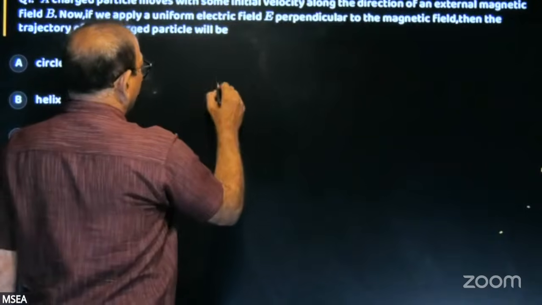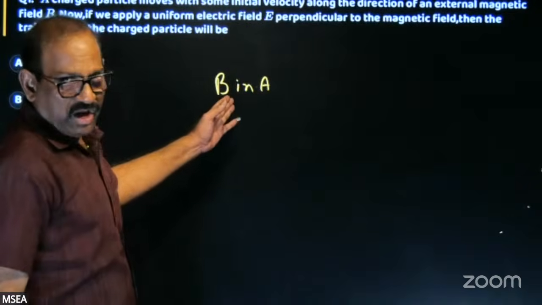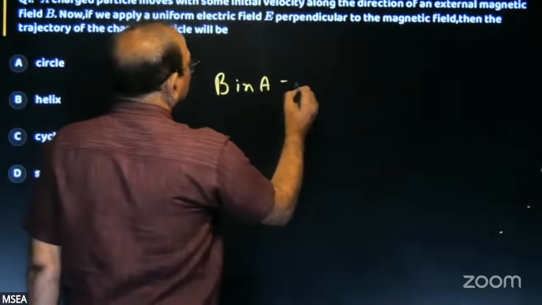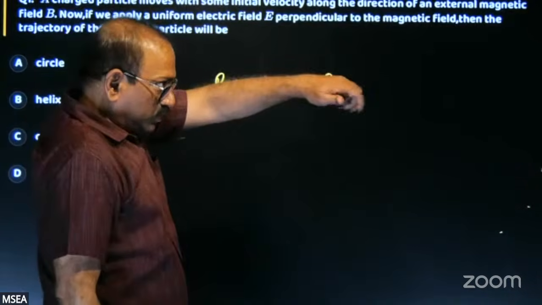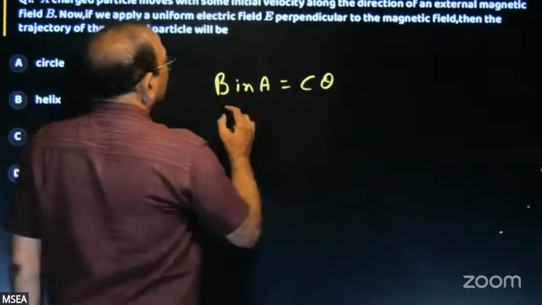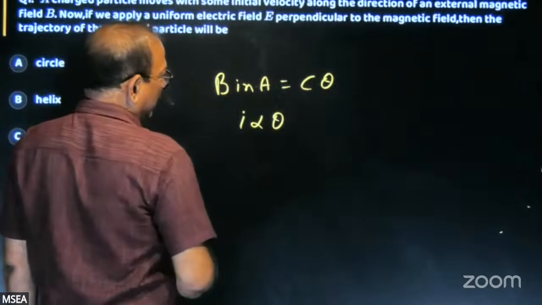Next, the galvanometer. The torque acting on the coil in the galvanometer, BINA, must be equal to C theta, the restoring torque in the phosphor bronze twisted wire. This gives the relation I proportional to theta in a galvanometer.